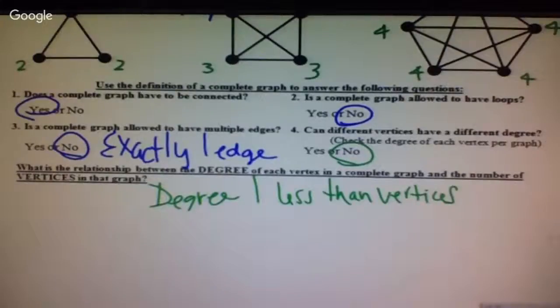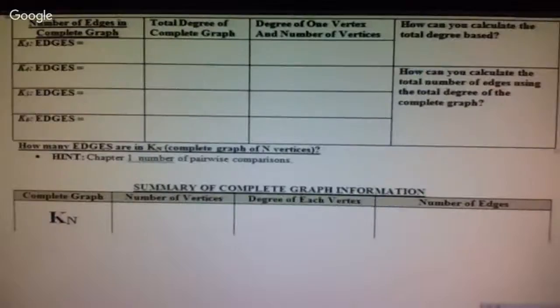This should be the little chart at the bottom of that page. We're going to fill in one more thing on that as soon as we're done discovering this next piece.